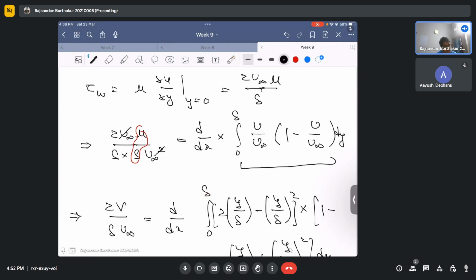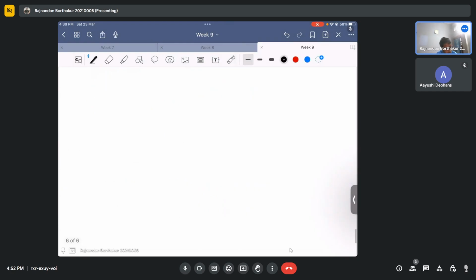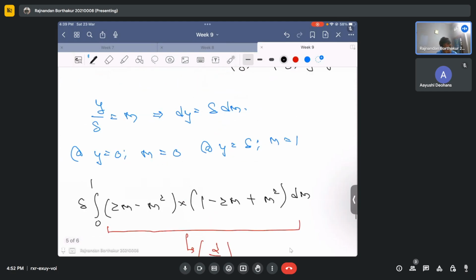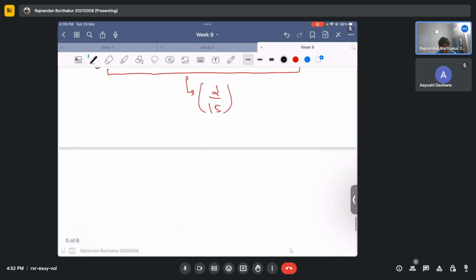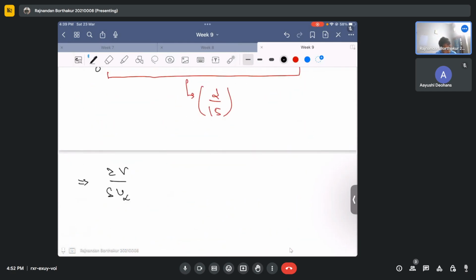It's that easy basically. So 2 nu times delta by u infinity simplifies to just 2 by 15 times d delta by dx.